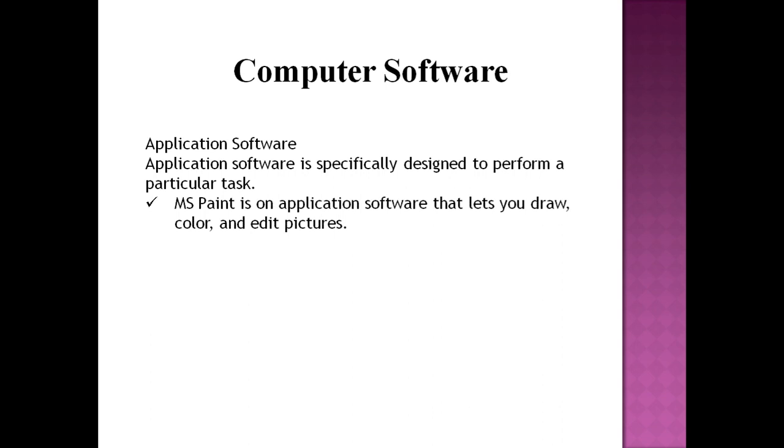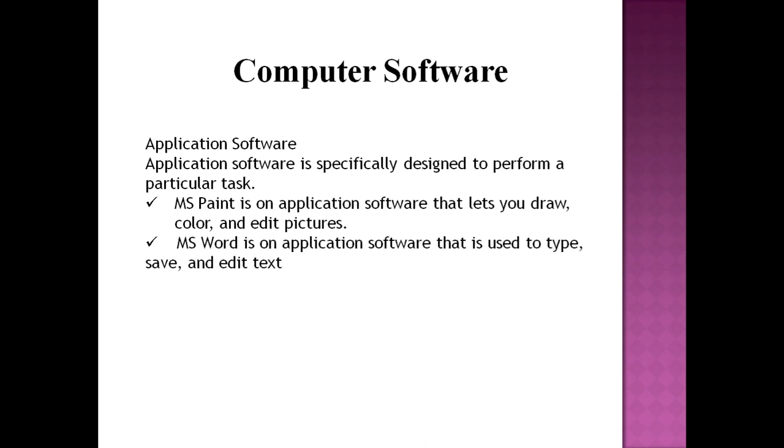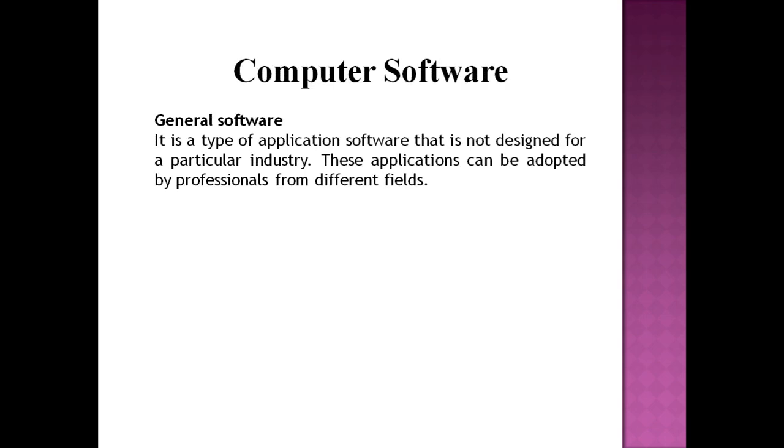So coming to the examples of application software. Example can be MS Paint. It is an application software that lets you draw, color and edit pictures. Second example can be our MS Word, that is used to save and edit text. Then comes the topic general software.